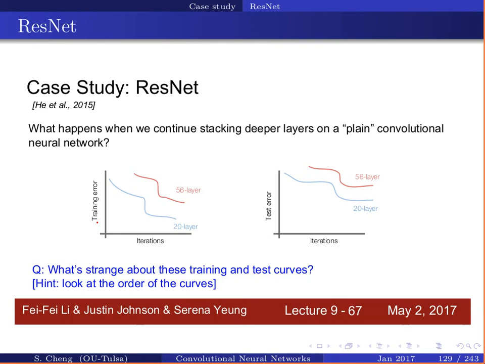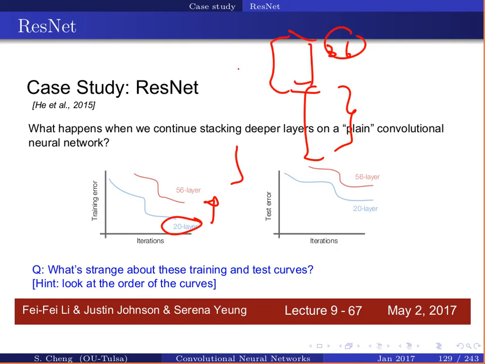So if you go from 20 layers to 56 layers, the additional 36 layers could, if you can really train them well, just be identity layers. So there's no reason you cannot have increased capacity from 20 layers to 56 layers without the training error going down.